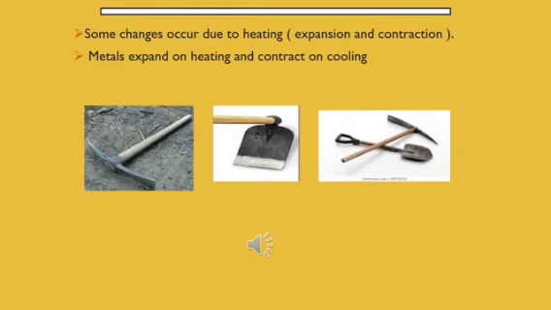Now the wooden handle easily fits into the ring. When the ring cools down, it contracts and fits tightly onto the handle. So when you heat the iron, the ring expands, the size of the ring increases, and the wooden handle fits into it easily. Later, when the iron blade is cooled, the metal contracts and the wooden handle is fixed tightly.